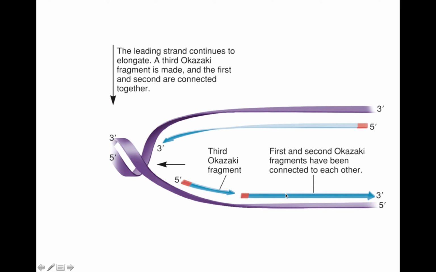Well, what happens to those first two Okazaki fragments? They are ligated together after the RNA primer has been removed. And that process continues all the way down the length of the chromosome. The newly synthesized Okazaki fragment is ligated to the previous Okazaki fragment that is a part of this now long DNA molecule.